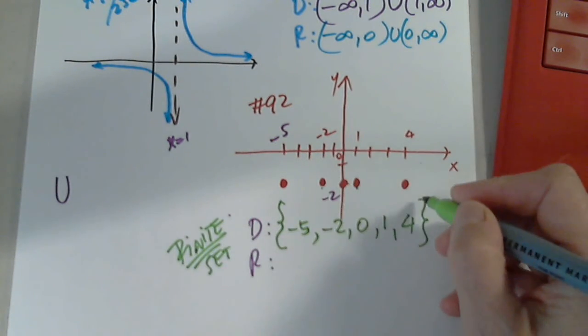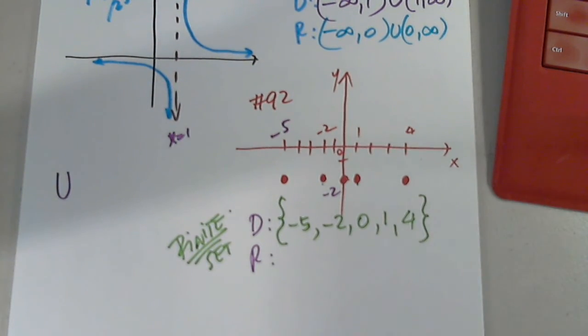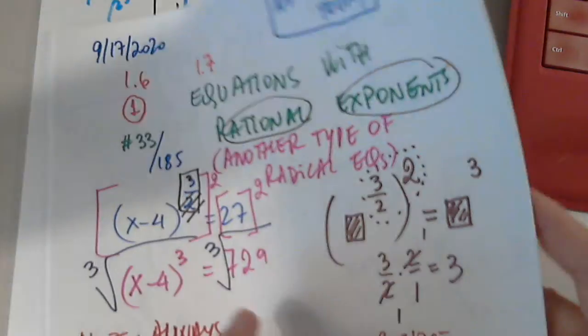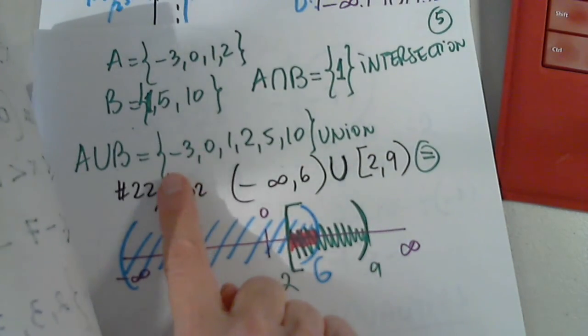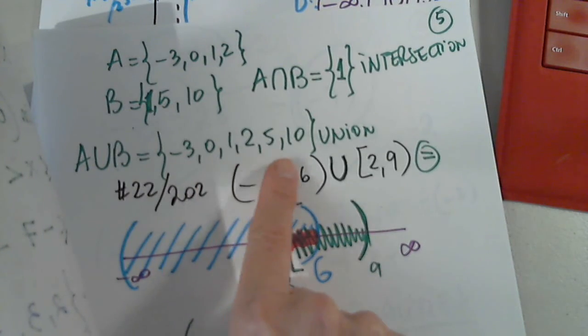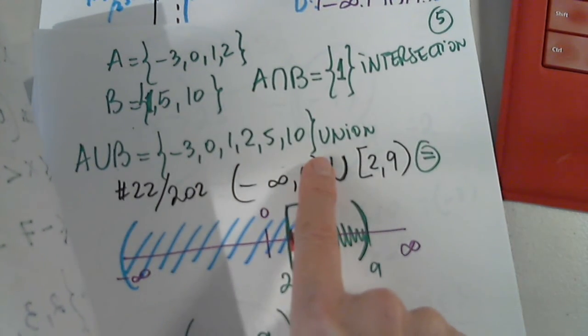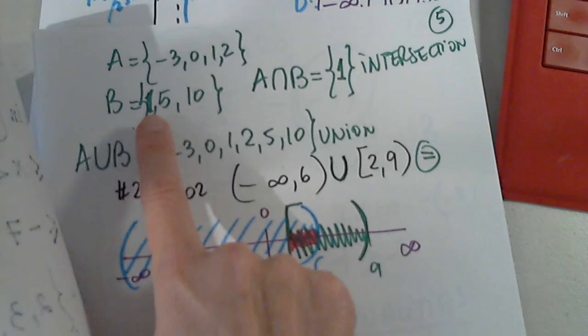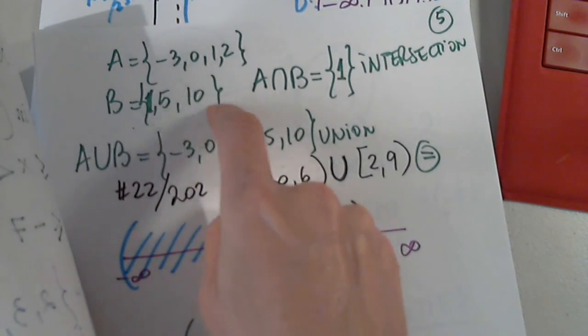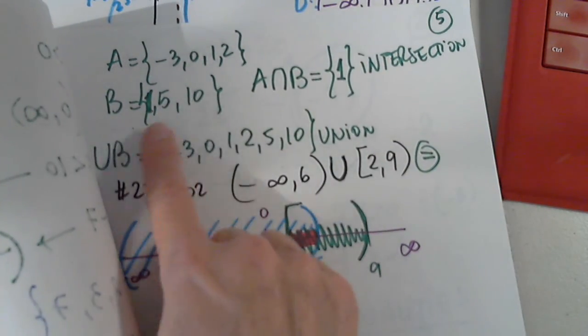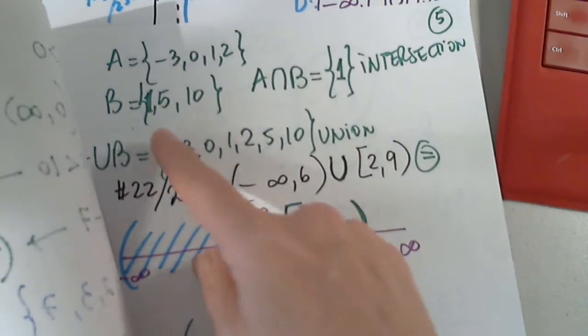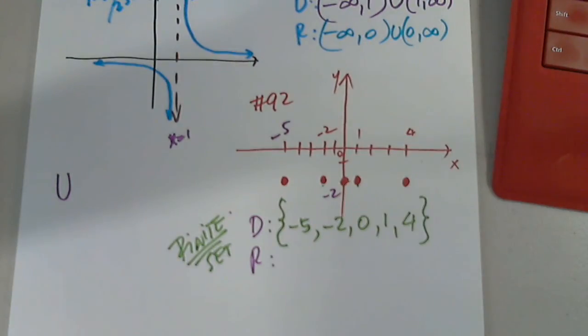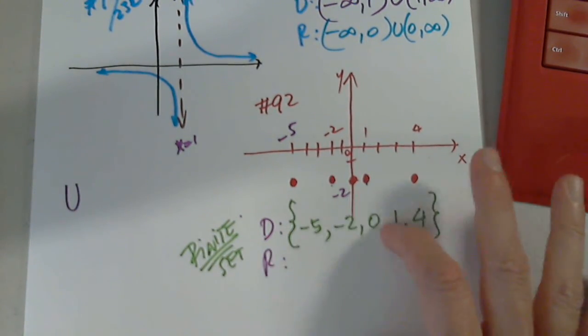So please note that we have to use the notation for the set, the one we looked at last time. When I list the elements, this is a set. When I list 1, 5, 10, it's a set. I cannot use brackets or parentheses because there is nothing in between. It only has 3 elements, 1, 5, and 10. The same thing here, only 5 elements.